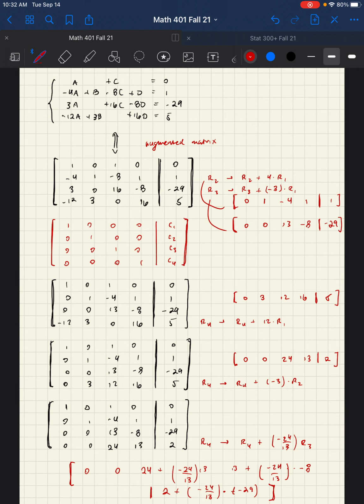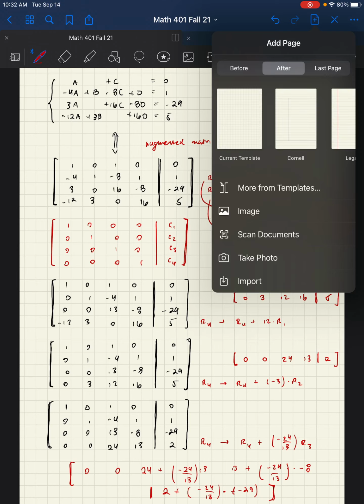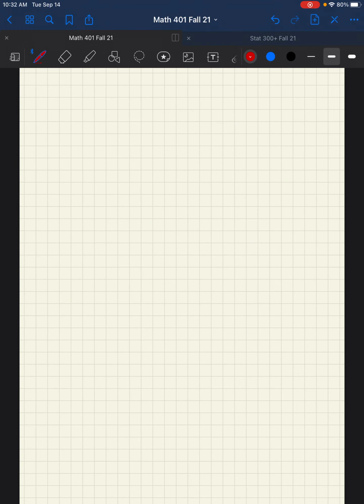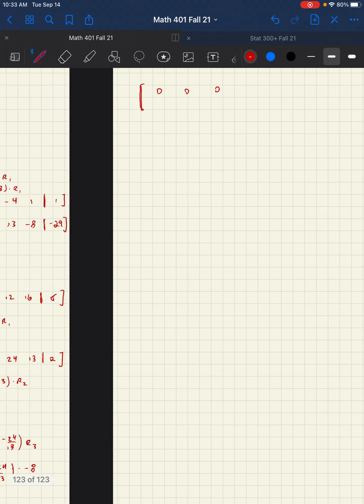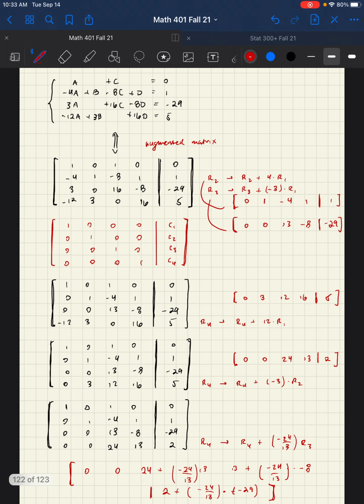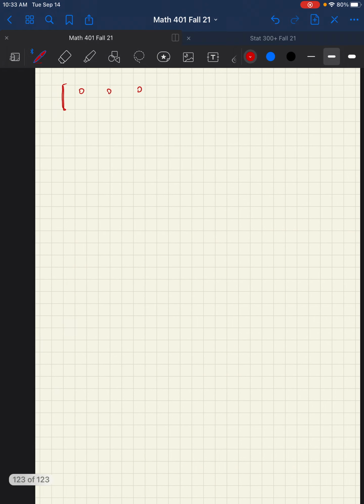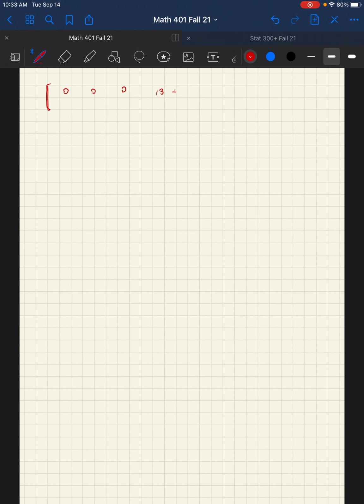So we're quickly running into some problems here. That first non-zero spot is going to turn into a 0, because you get cancellation of the 13, so you just get 24 minus 24. So that's going to be fine. So we end up with 0, 0, 0. The next spot, on the other hand, two negatives make a positive, so 8 times 24 over 13 plus 13.